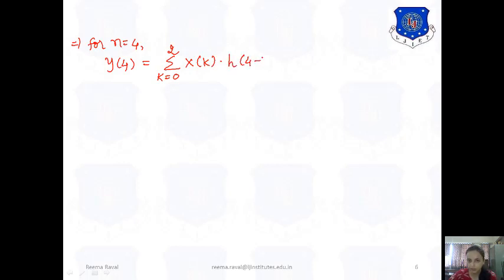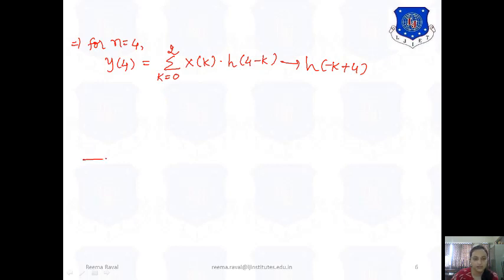So now for n equals 4, according to the formula we will have y of 4 equals summation of k equals 0 to 2 x of k into h of n minus k, that is 4 minus k, or as you can say h of minus k plus 4, right?